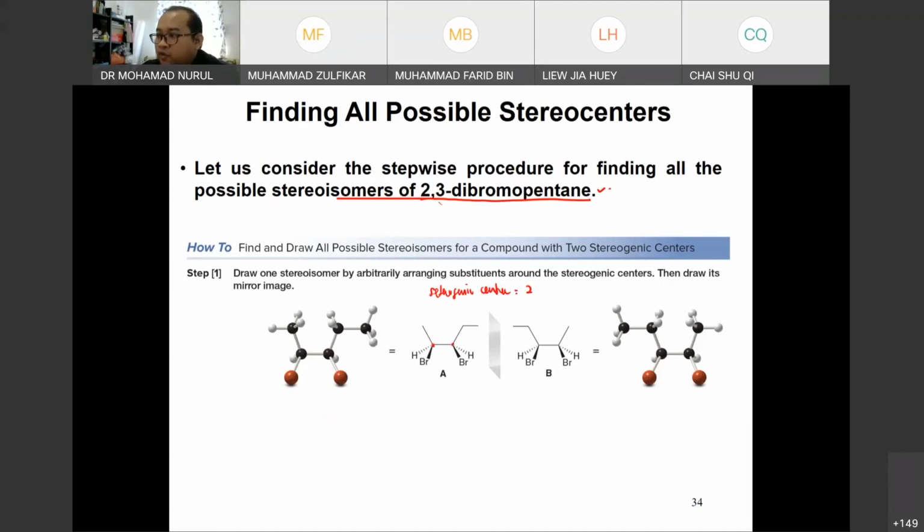So we put a mirror and reflect the structure.